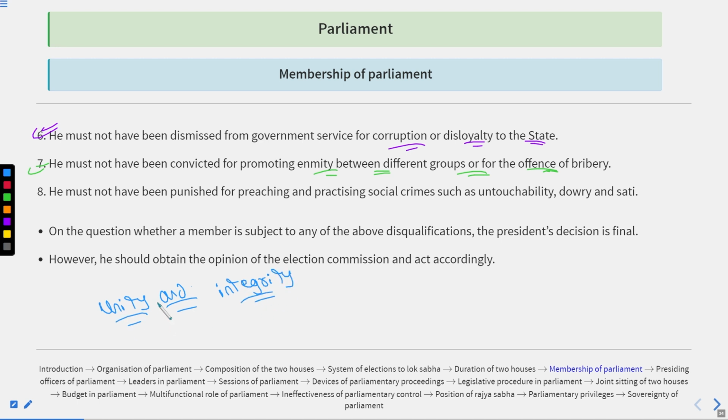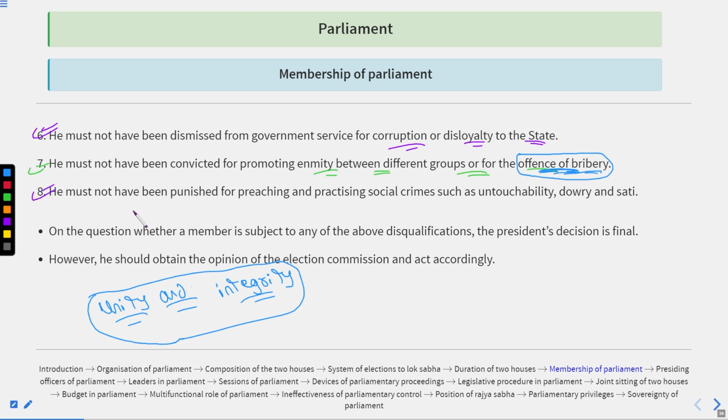This is the most basic aim of the Indian Constitution and the Indian political system. So if the person was convicted for promoting enmity and destroying unity and integrity, the person will be disqualified. If the person was charged with bribery while holding any particular office, the person will be disqualified.